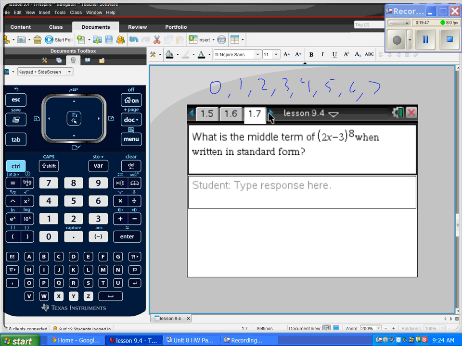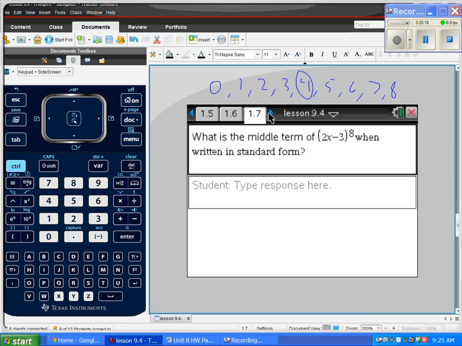So which one is the middle term? Why did I do this? Oh, yeah. Oh, you know what? There are actually 9. I'm thinking about it. It does go to 8, right? Yeah, it goes up to there. So 4 is the middle term.